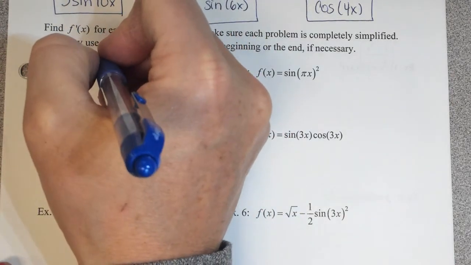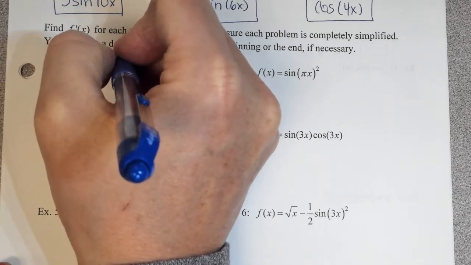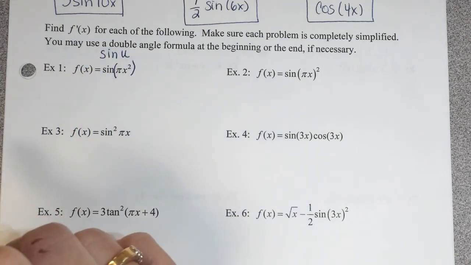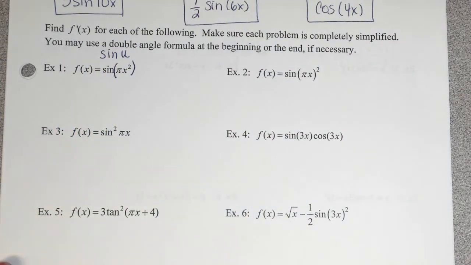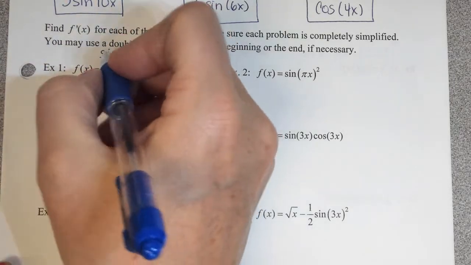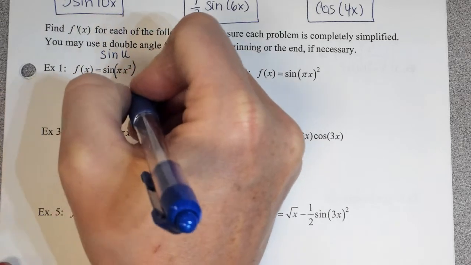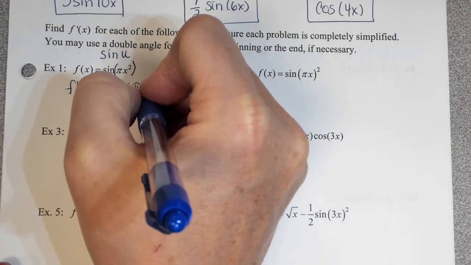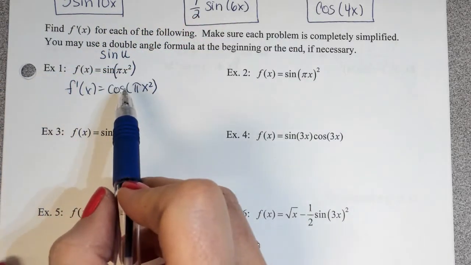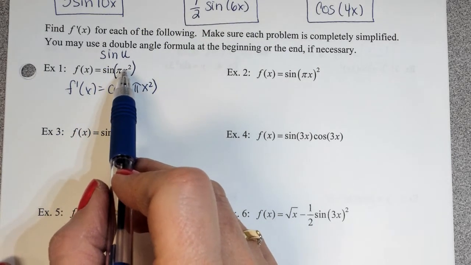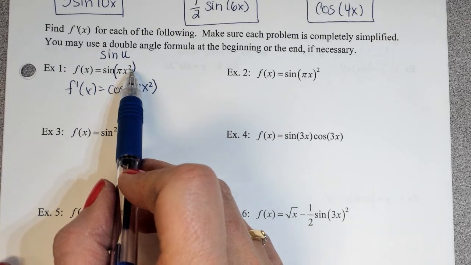So my problem starts off as sine u. What's the derivative of sine u? Look at your green sheet if you don't know. Cosine u. So this is going to be cosine u, but then we have to do times the derivative of u. So what's the derivative of pi x squared?